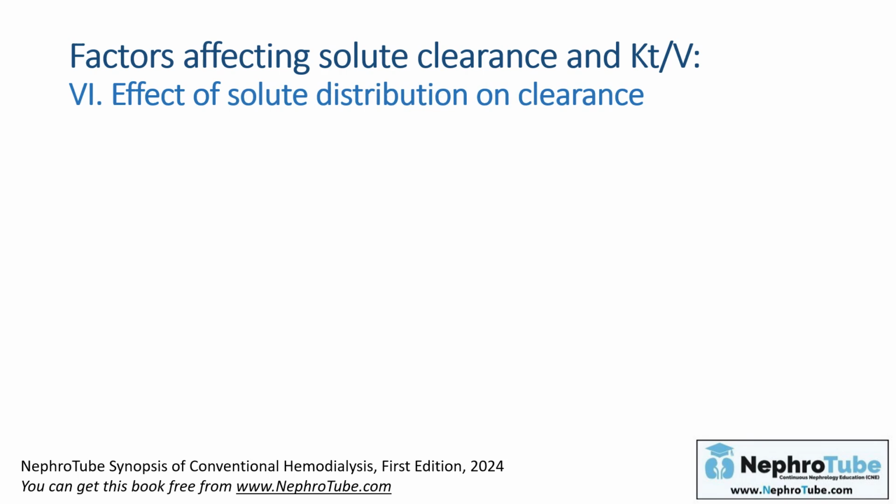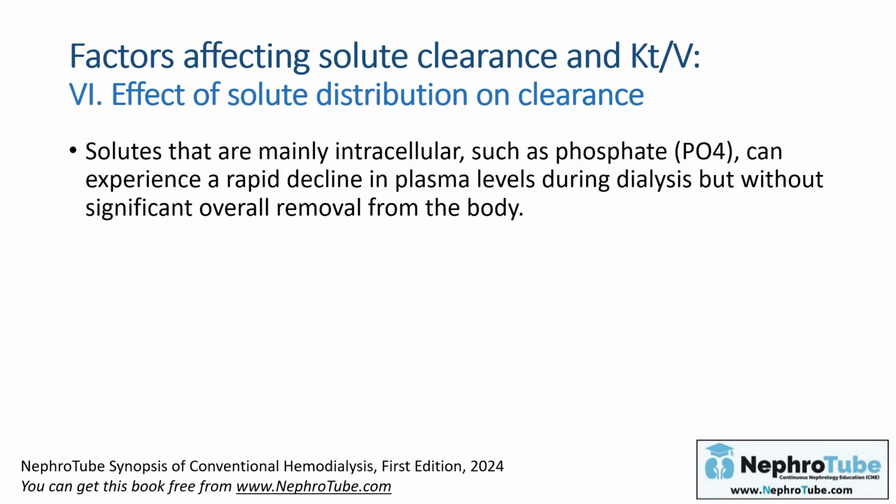The next point is the effect of solute distribution on clearance. Solutes which are mainly intracellular, such as phosphate, have rapid clearance from the plasma without significant overall removal from the body. How?